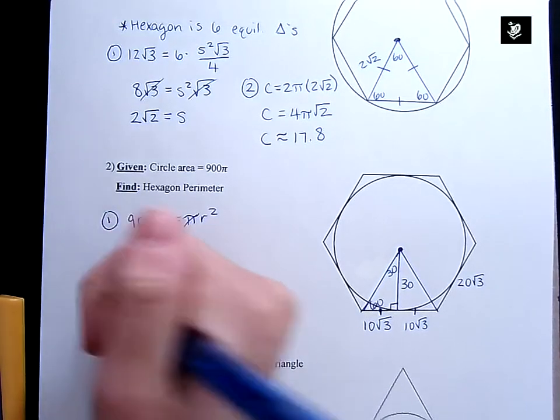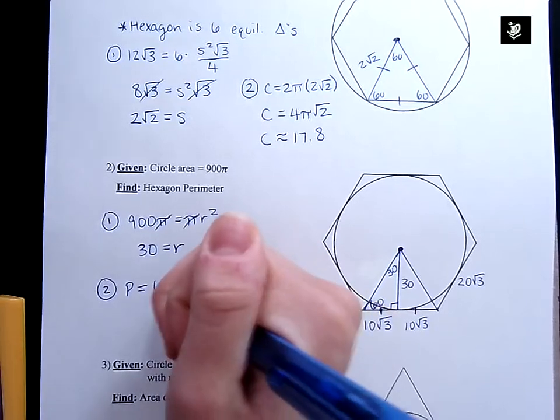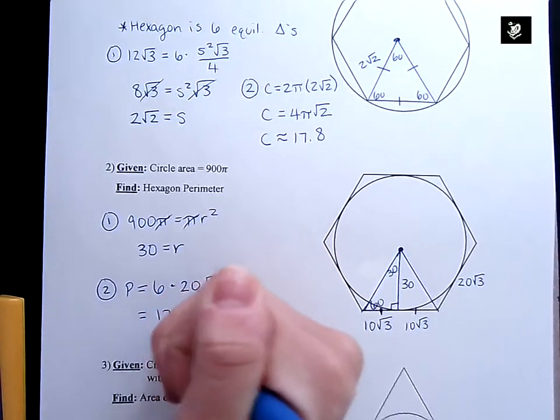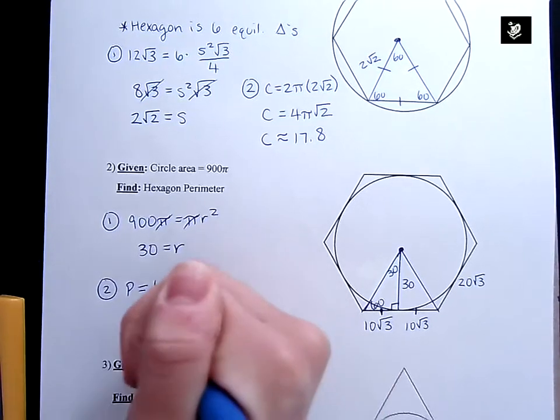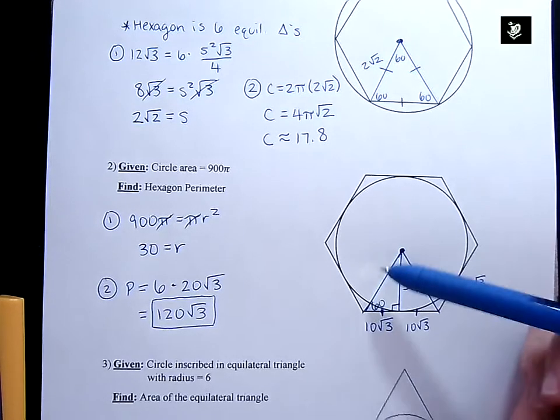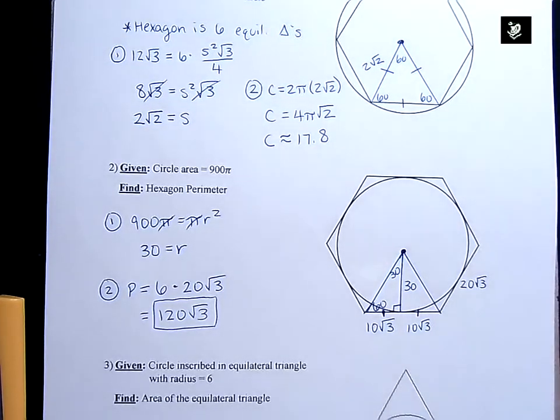Now if I want to find my perimeter, I have 6 sides times that 20 root 3, and I will get 120 root 3 for my perimeter. So just watch out. Depending on which shape is on the outside, the radius of the circle will change.